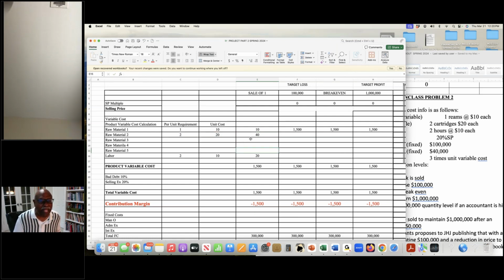So then I got to add these up. And so my product variable cost at this point is what? Auto. So you have to auto sum them now.